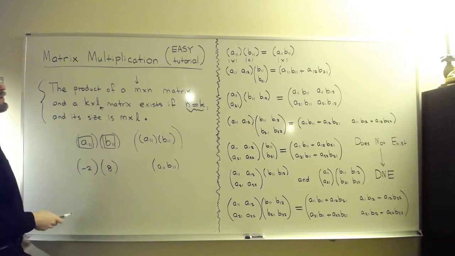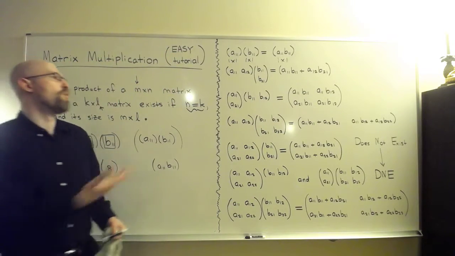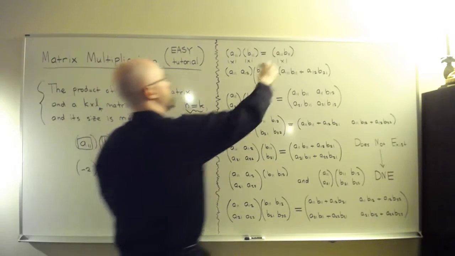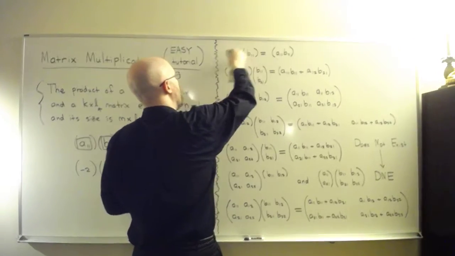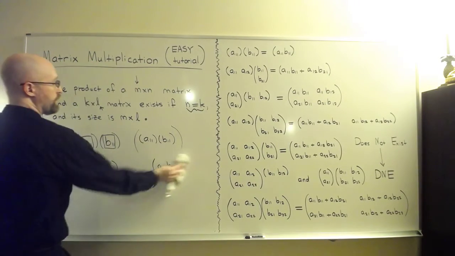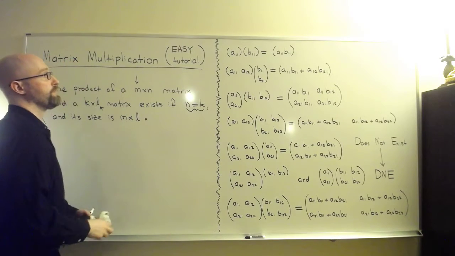They just stand for numbers. But the way I have the formulas written out here, they're general formulas. They're true for whatever numbers you put in for the letters. So that was that first example there. We multiply a 1 by 1 matrix and another 1 by 1 matrix. The product exists, and we get a 1 by 1.